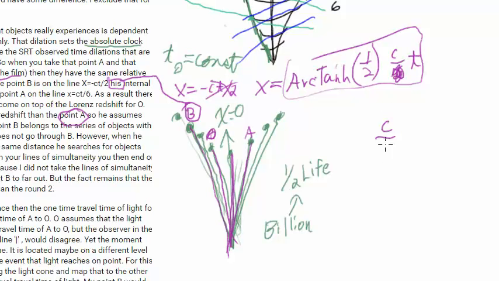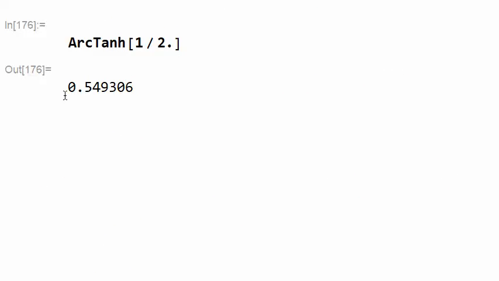C over 2 versus arctangent of 1/2 times c. Okay, arctangent of 1/2 is slightly larger than 1/2.